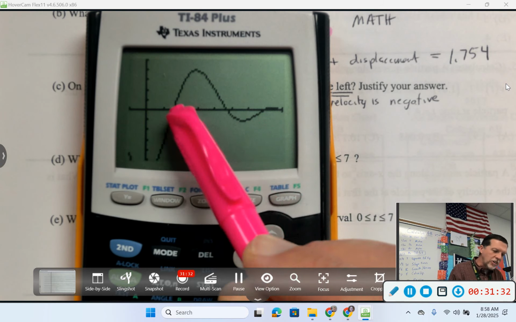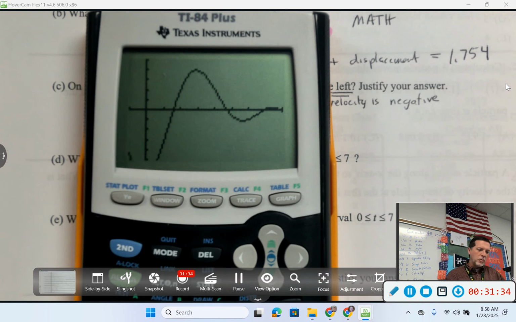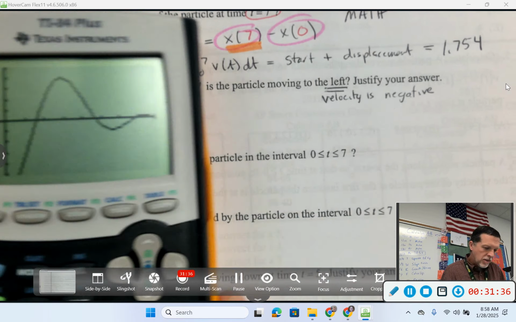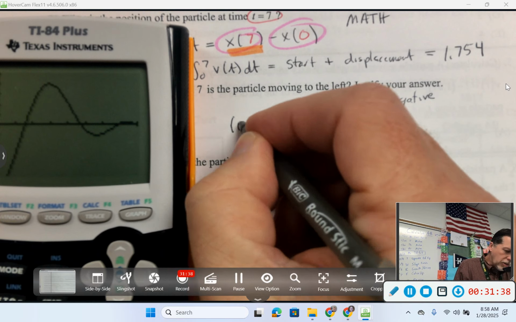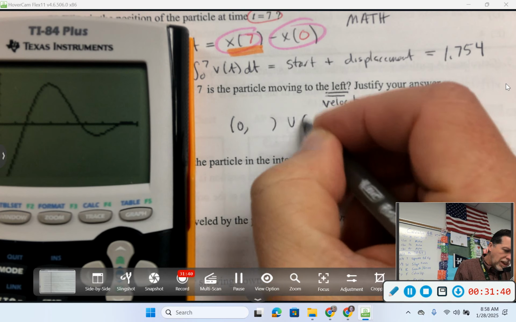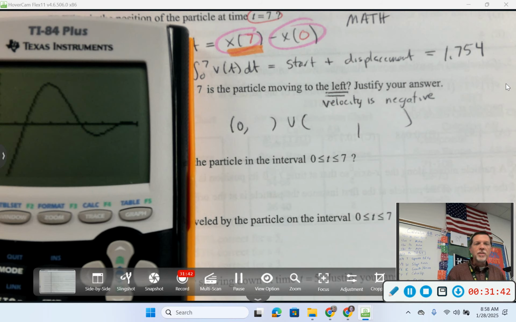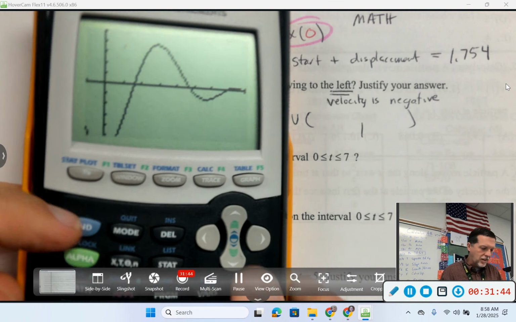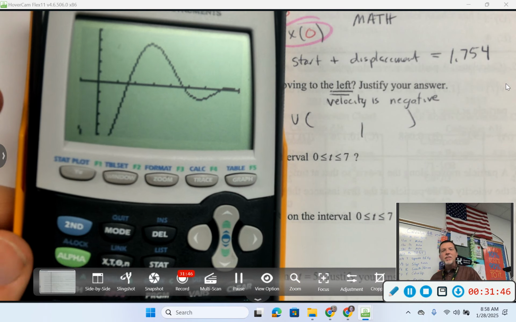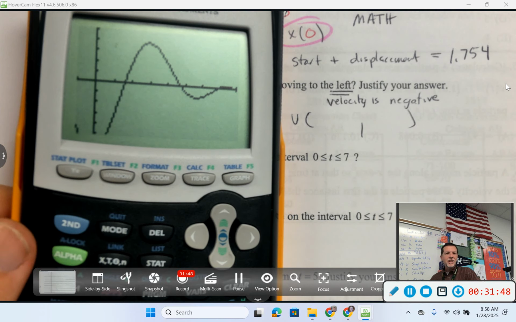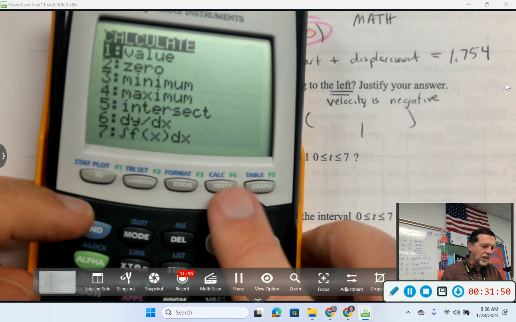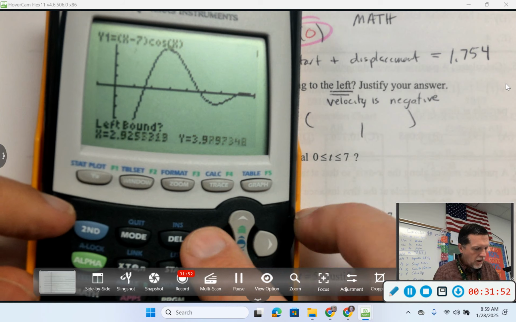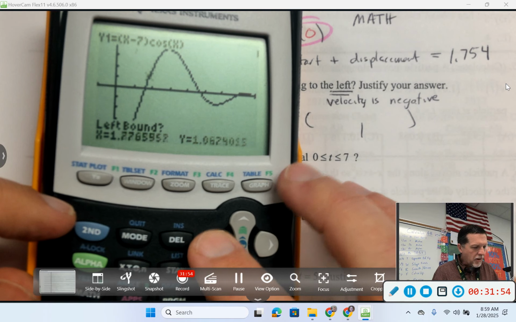So let's use the calculator to figure out where those spots are. So 0 to something, and then something to something else. But I got to find those somethings. How do I find the somethings? What am I looking for? The zeros. So second calc again. And again with the left bound, right bound stuff.